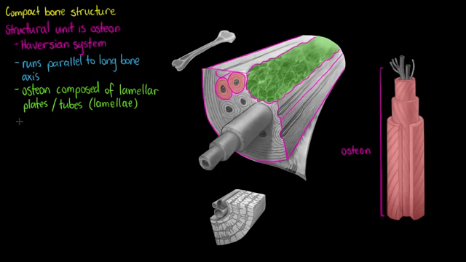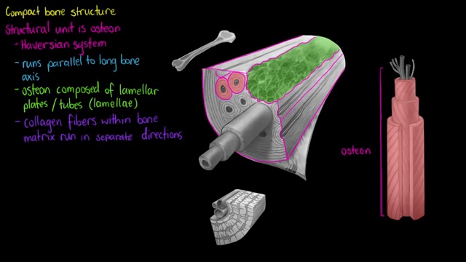And a distinct feature of these lamellae is that they have collagen fibers within them, within the compact bone matrix itself. And these collagen fibers are going to run in separate directions in each lamellar plate. So in one lamellar plate, they'll run completely in one direction, which I'll show up here on the screen. And in the next lamellar plate, they'll run in an opposing direction.